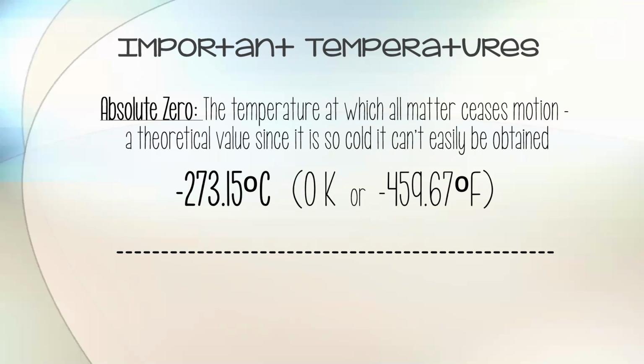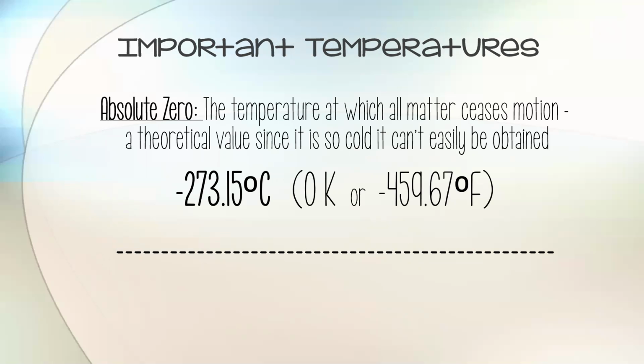So in degrees Celsius, absolute 0 temperature is negative 273.15, but negative 273. The Fahrenheit is even lower, or you could just say 0 Kelvin, because you take your Celsius and you add 273.